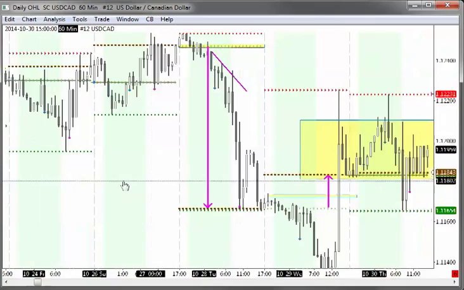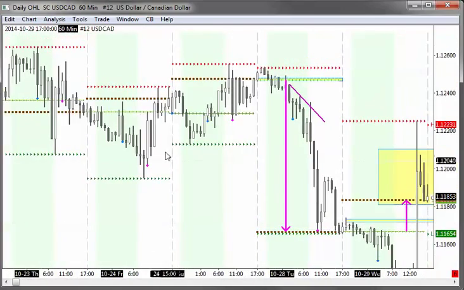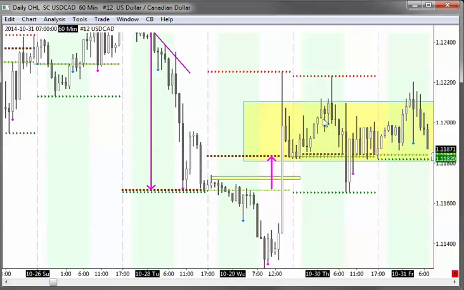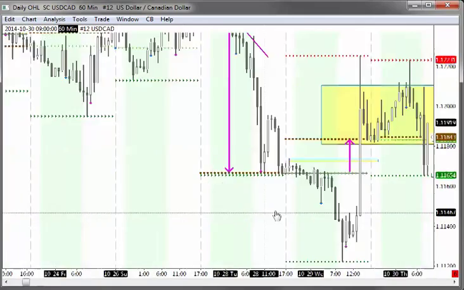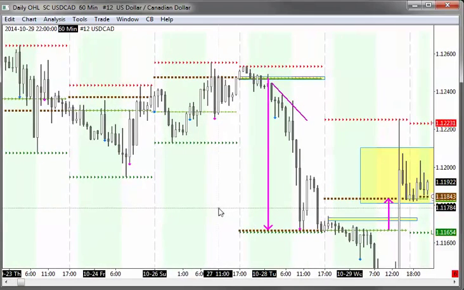You always have to look for these days where you would expect the misdirection to be in the wicks, but if you start to get the misdirection in the body, then look for it to consolidate and then look for a breakout outside of that consolidation. Just one last one here.